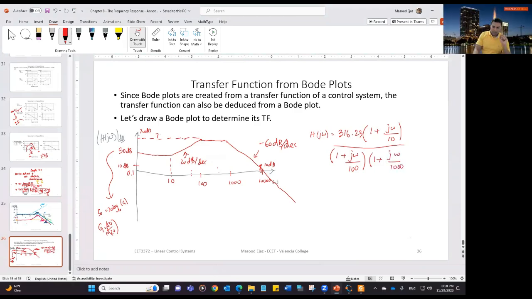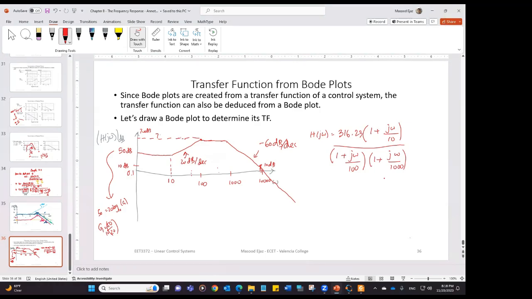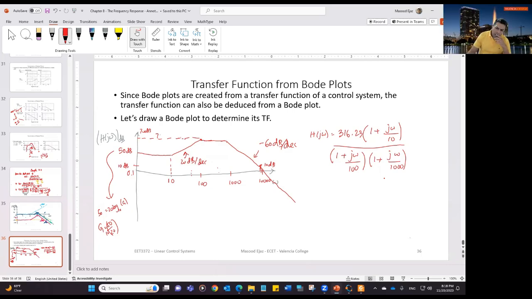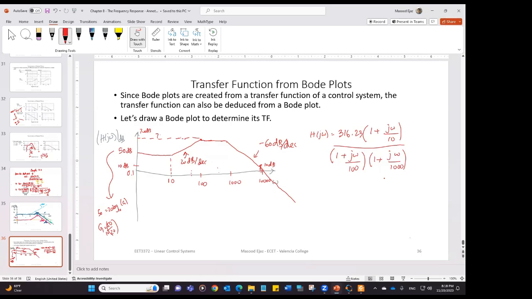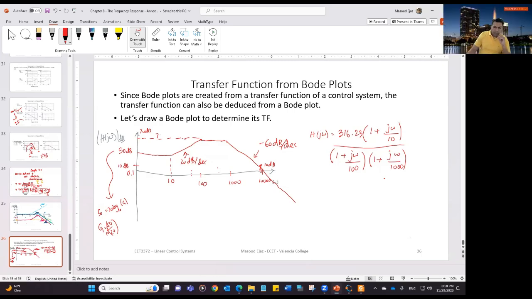There's one thing missing here. Can anyone else tell me what is missing? Is there supposed to be a minus sign because it's going down? Minus sign where? Between 1 plus j omega over 100 and... No, there's no minus sign.